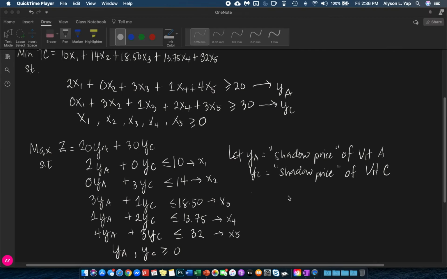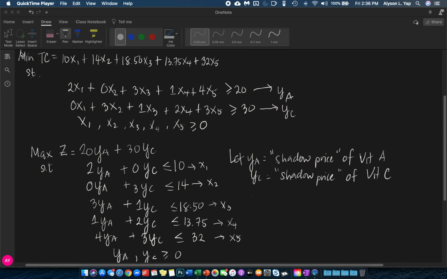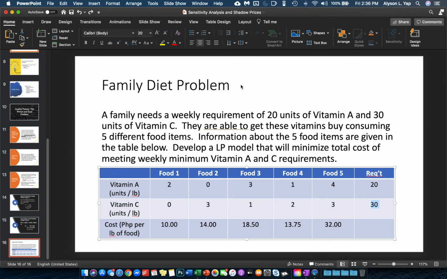So what I want us to do right now is to understand the dual problem. I think everyone understands the primal problem because it is described by this family diet problem. No?